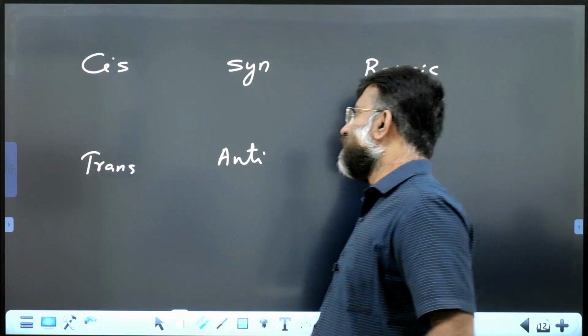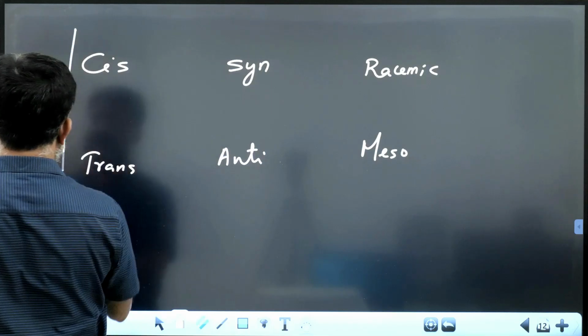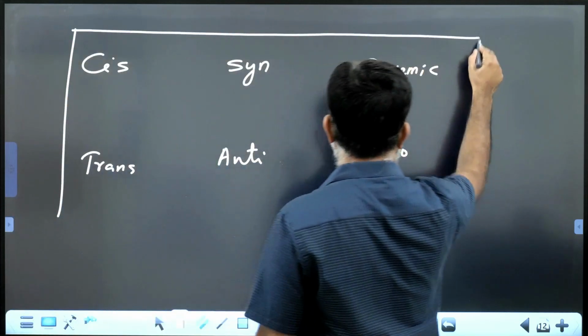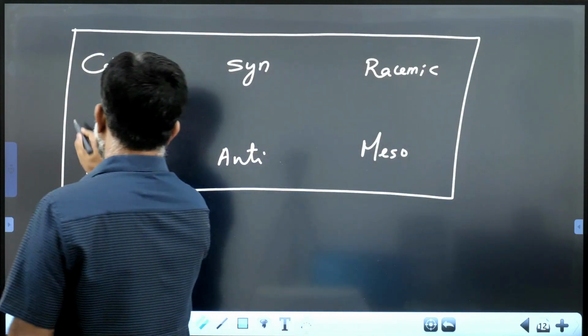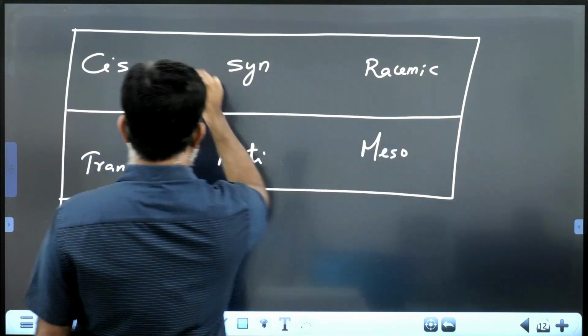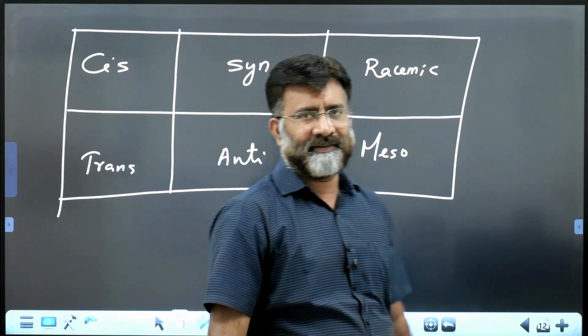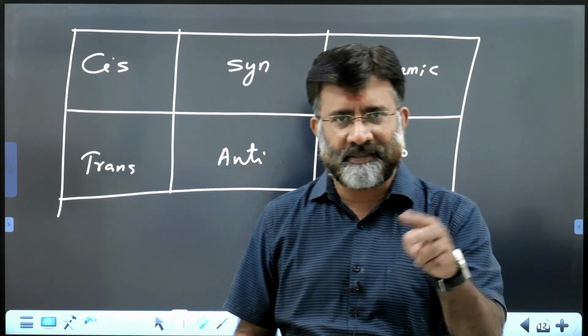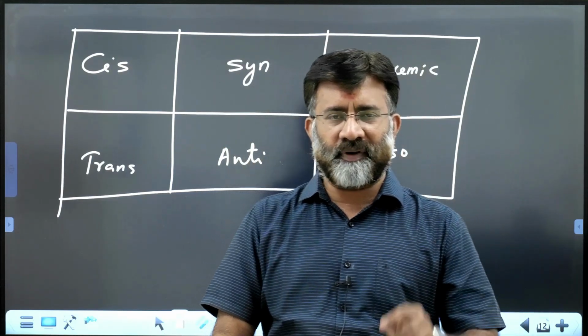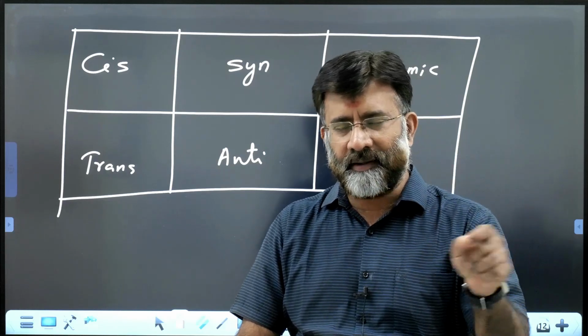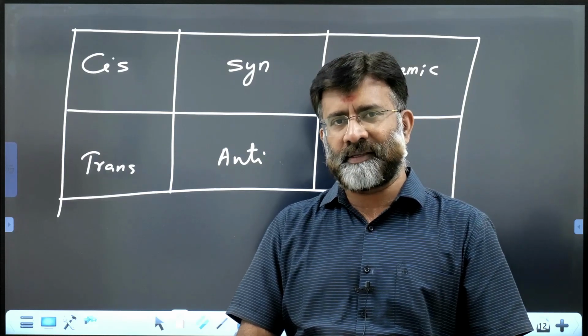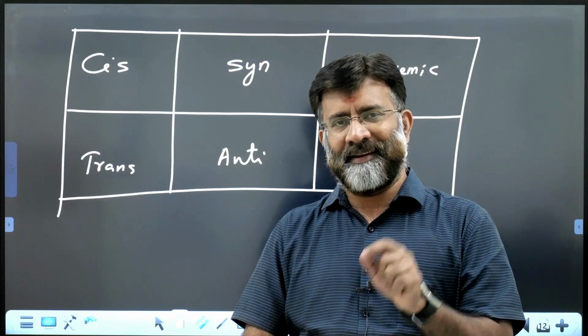So there are two types of reactants, cis and trans, two types of reaction, syn addition and anti-addition, and two types of products, racemic and meso.